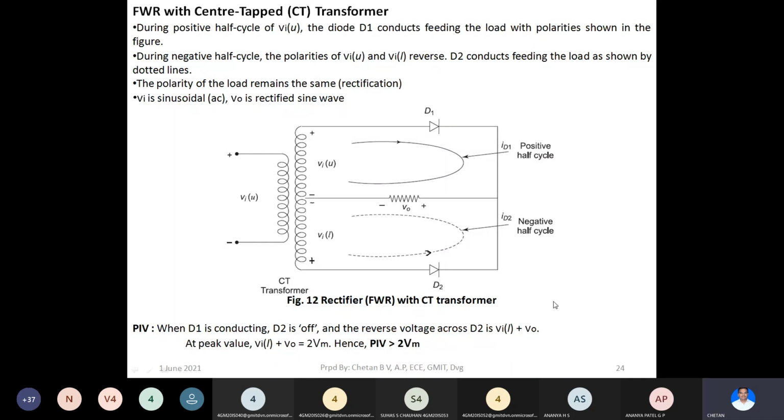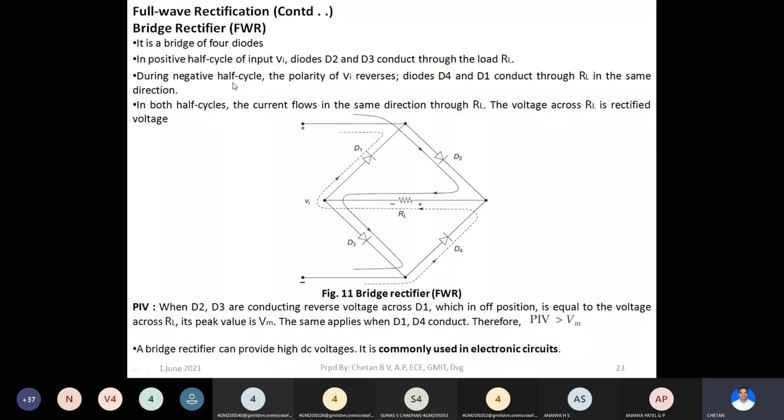This is all about the full wave rectifier with center type transformer. So if you observe both circuits, in the case of a bridge rectifier, the advantage is that you don't need the center type transformer here. You can use the normal transformer. This will reduce the cost of the circuit because the center type transformer usually costs more compared to the normal transformer.